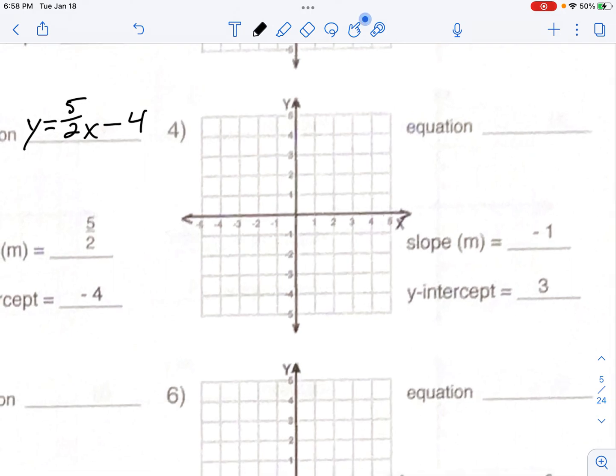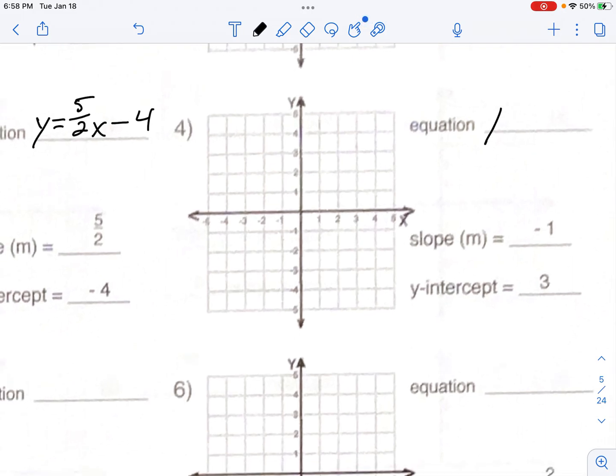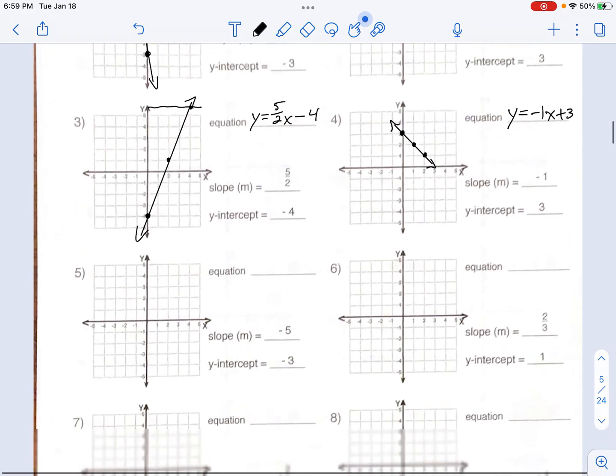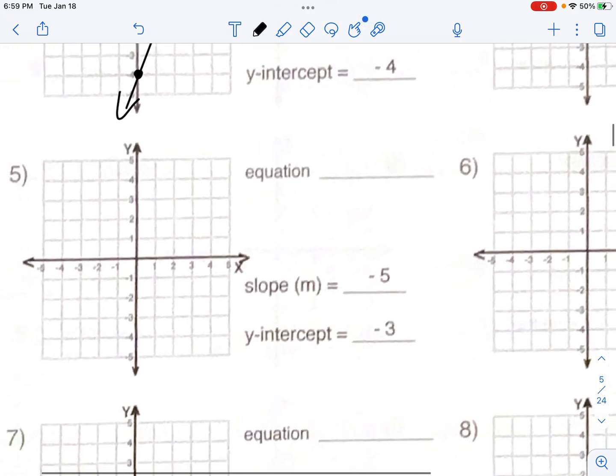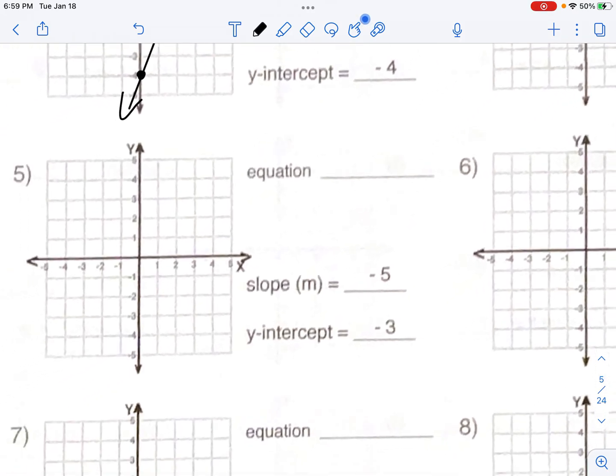Number 4, okay, so y equals, slope goes in front of the x, y-intercept goes behind, so plotted at 3, then it's down 1, right 1, down 1, right 1, done. That one was about as simple as you can get. All of these are pretty easy, okay?